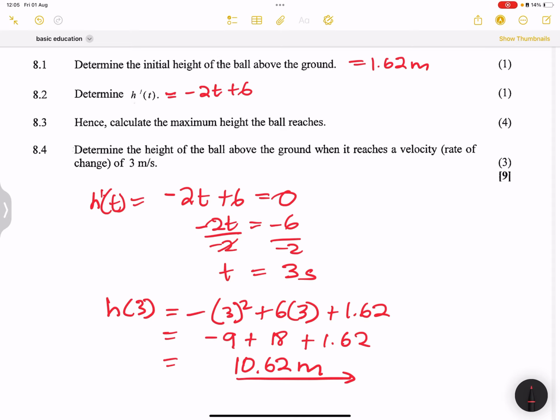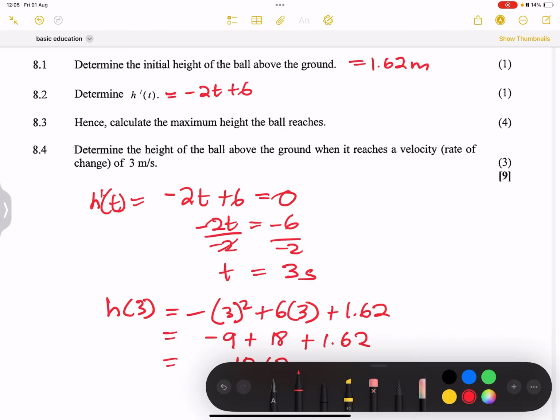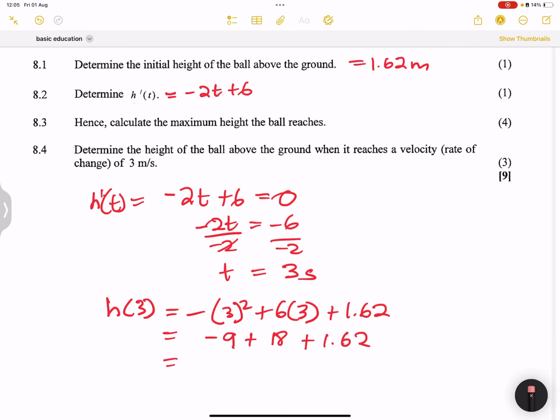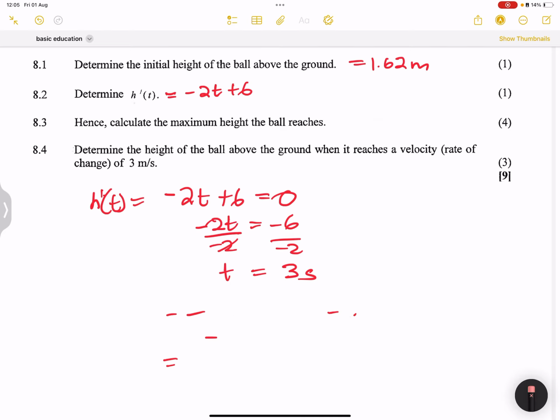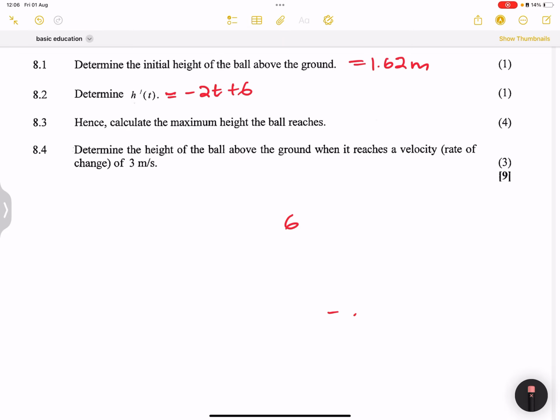All right, now the final question, they say to us, determine the height of the ball above the ground when it reaches a velocity rate of change of 3 meters per second. Now remember that the rate of change is actually calculated or determined by the derivative. So when you've got a height, the derivative represents the rate of change of displacement, or of the height in this case.